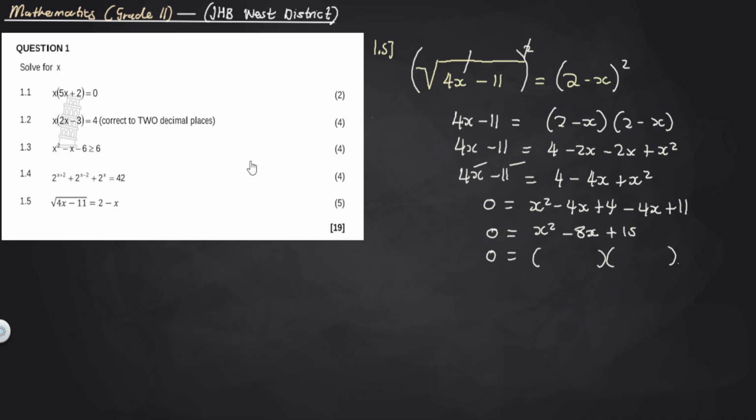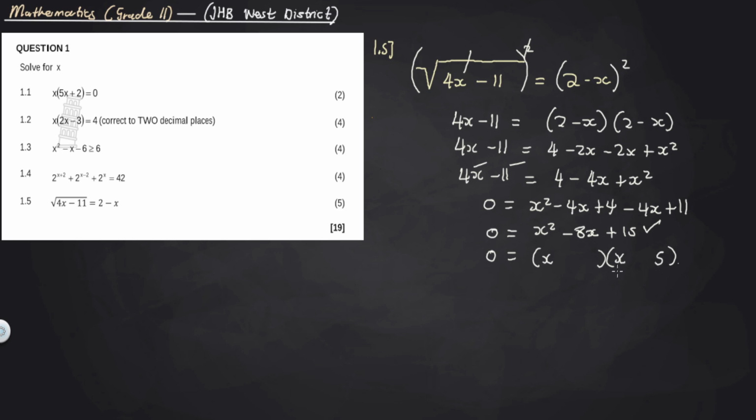The moment you get to a quadratic form, these equations are factorizable, right? Meaning that you can solve without using the quadratic formula. So hence I'm saying I'm going to factorize this instead of using the quadratic formula.